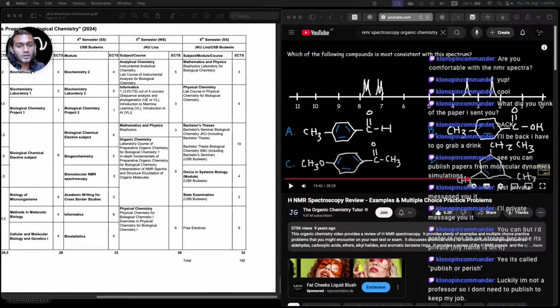I'm starting to look into, are you comfortable with NMR spectra? I should say I do know much better than before. Am I comfortable? I still wouldn't say I'm comfortable. I still have to learn more. I still have to get this concept more into my brain. It's still a new thing up here. I need to process it more.